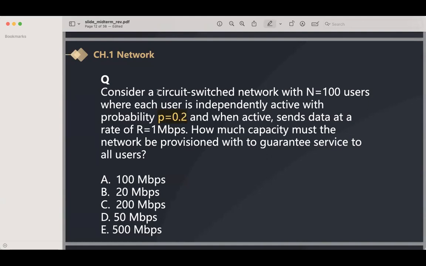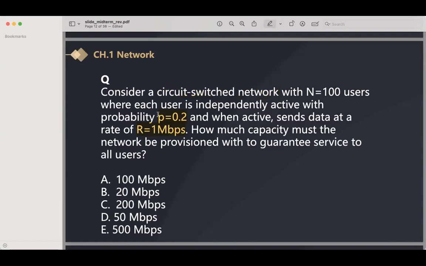So we are on a circuit switch network. And what is the answer for this one? For each user, they will use 1 Mbps. Because this is a circuit switch network, they are not sharing the bandwidth.